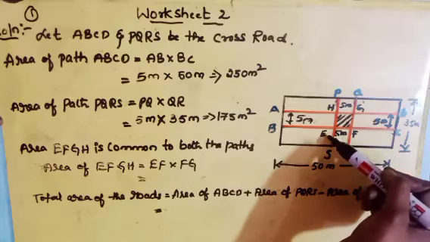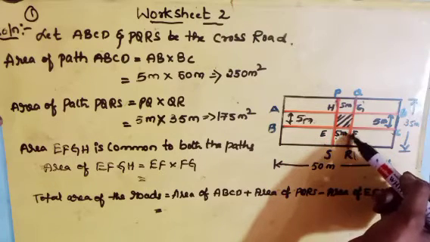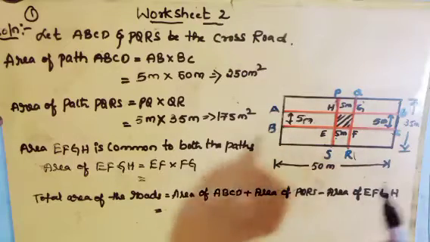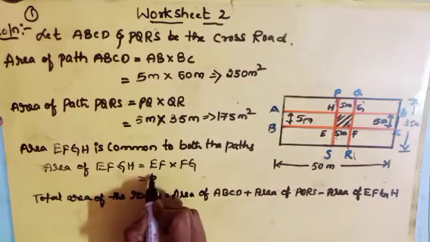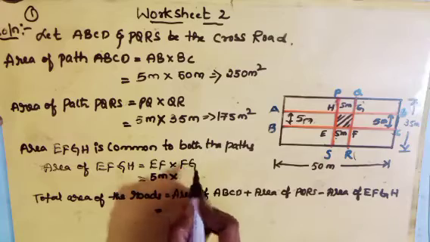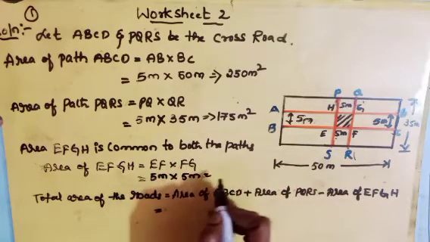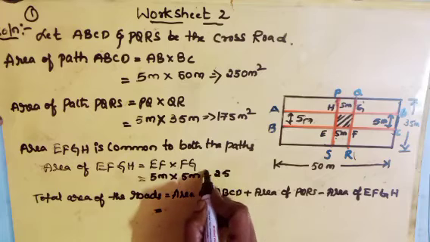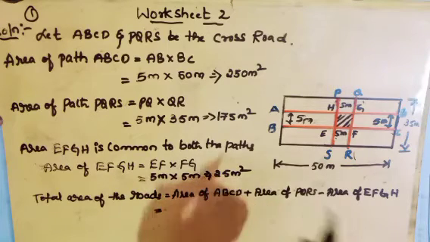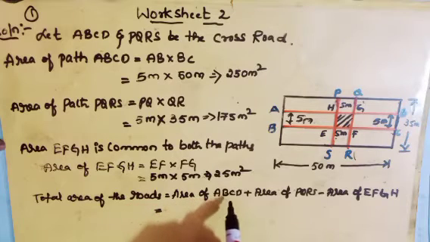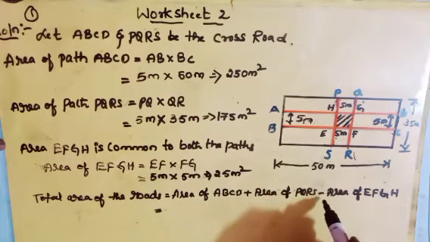EF is 5 meter, so the side FG will also be 5 meter. 5 meter into 5 meter gives 25 meter square.